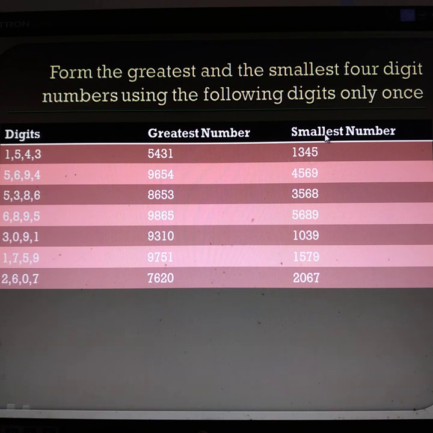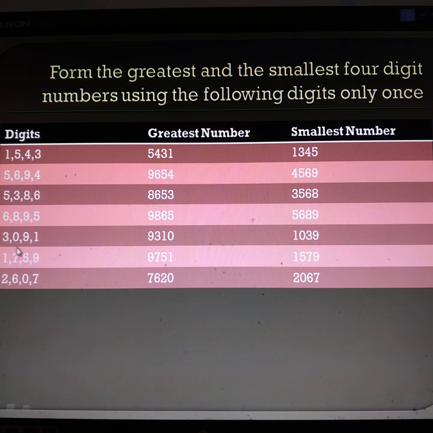For writing the smallest number, we have to arrange the digits in ascending order, and then the number formed is called the smallest number. In this way, you can make the greatest number and the smallest number using given digits.